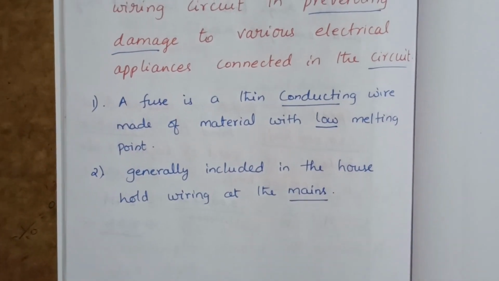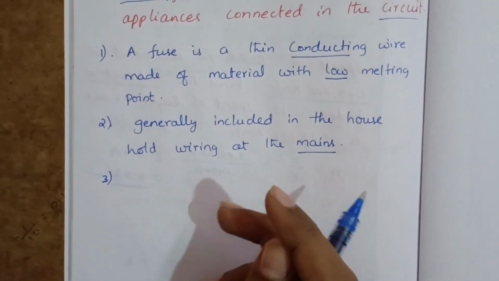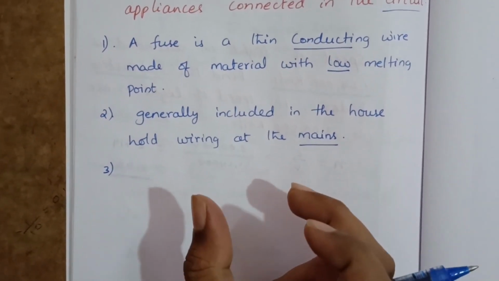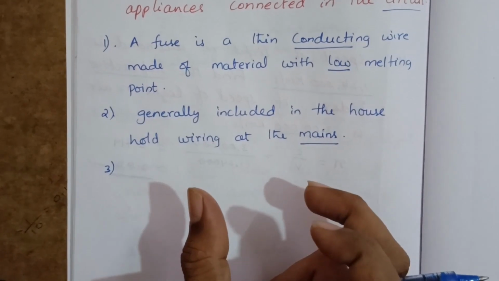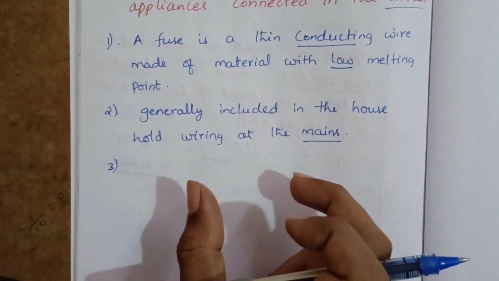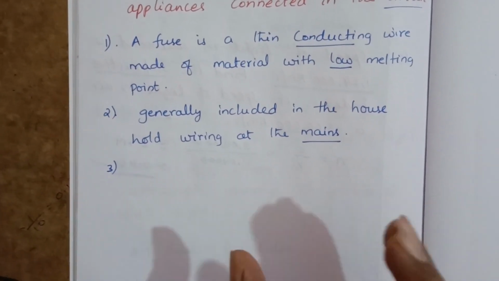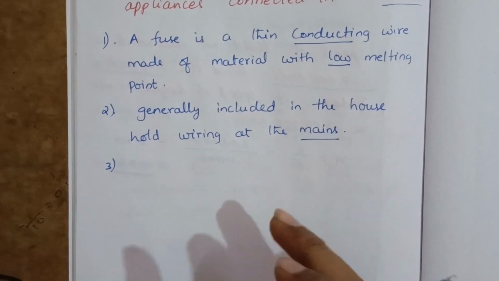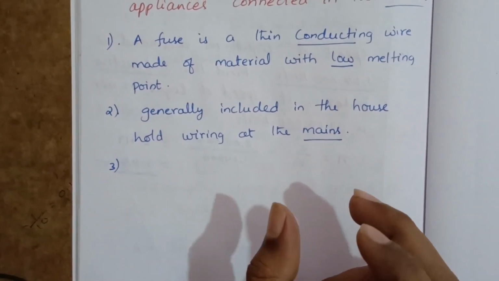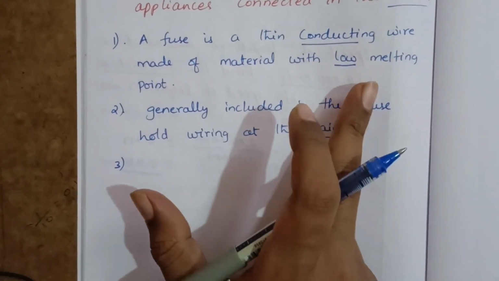Next, whenever the circuit draws more current than rated, more heat will be produced. Due to that heat, the fuse wire will melt because it has a low melting point.